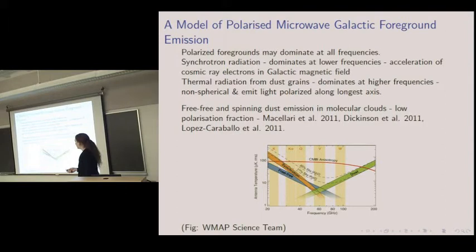There are several other foregrounds, free-free and spinning dust. However, these have been shown to have a low polarization fraction in various studies, so we don't include them in our foreground modeling. This figure from a few years ago from the WMAP team shows the frequency dependence of synchrotron and dust in antenna temperature compared to the expected CMB anisotropy.